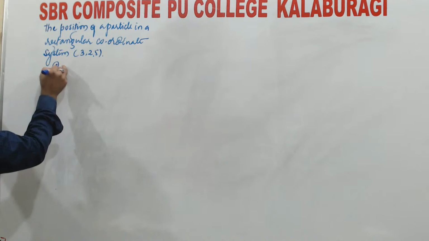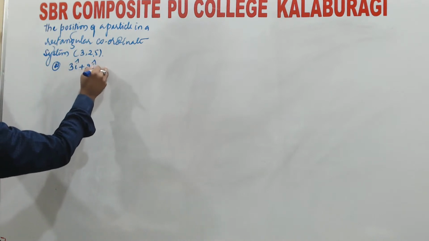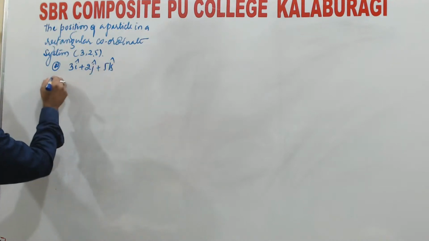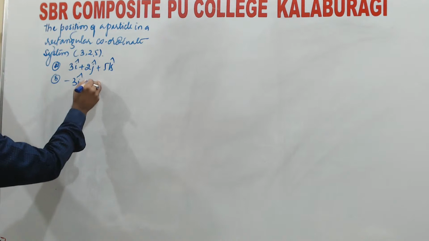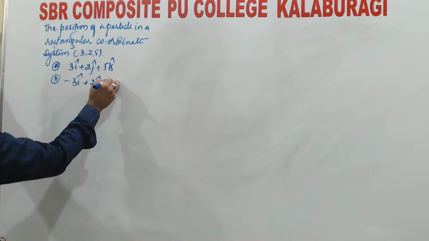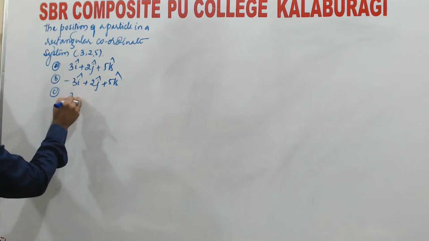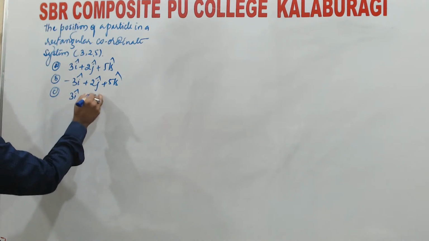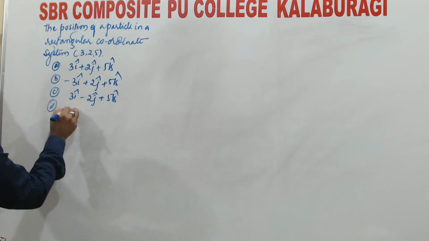How do we denote this? Option 1 is 3i cap plus 2j cap plus 5k cap. Option 2 is minus 3i cap plus 2j cap plus 5k cap. Option 3 is 3i cap minus 2j cap plus 5k cap. And option 4 is none.